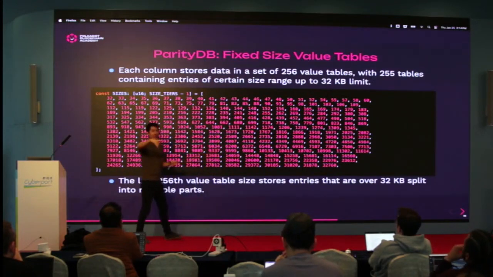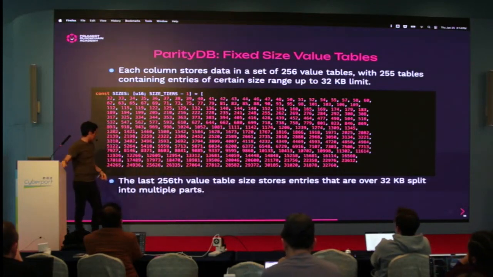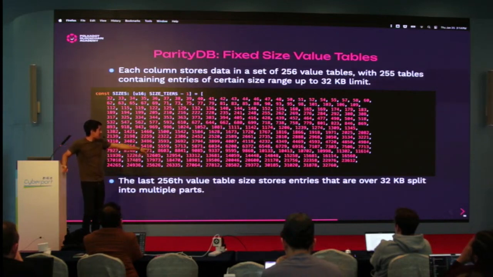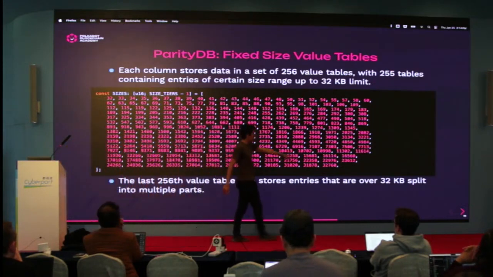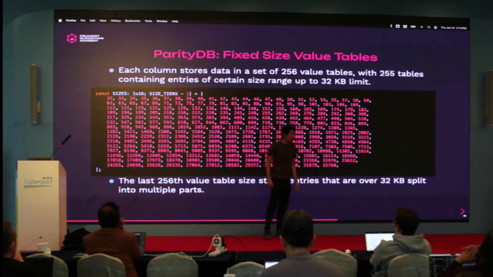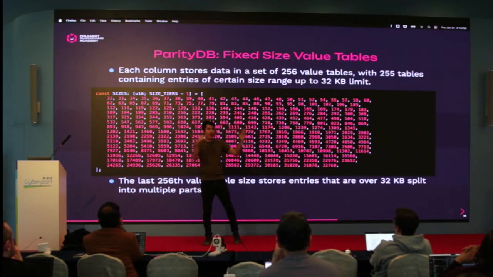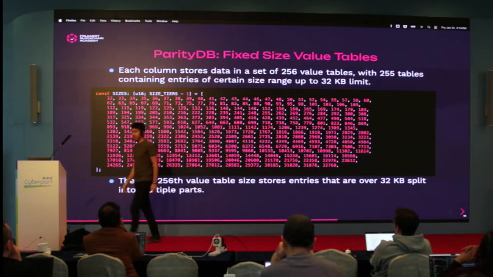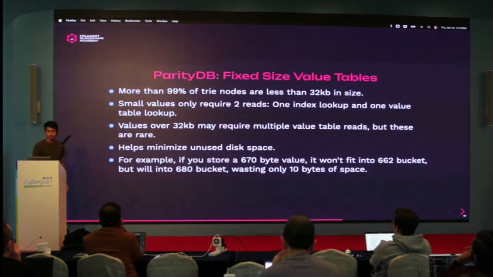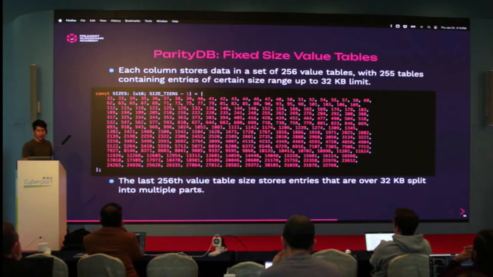So we can always find an item in the table very efficiently. The last of the 256 value tables stores entries that are over 32 kilobytes, split into multiple parts. If we have an item that's bigger than 32 kilobytes, we will split that data over multiple chunks and then put it in the table. I'm going to show some graphs here, but at a high level, this is the idea. This is the optimization we've made for reading data.